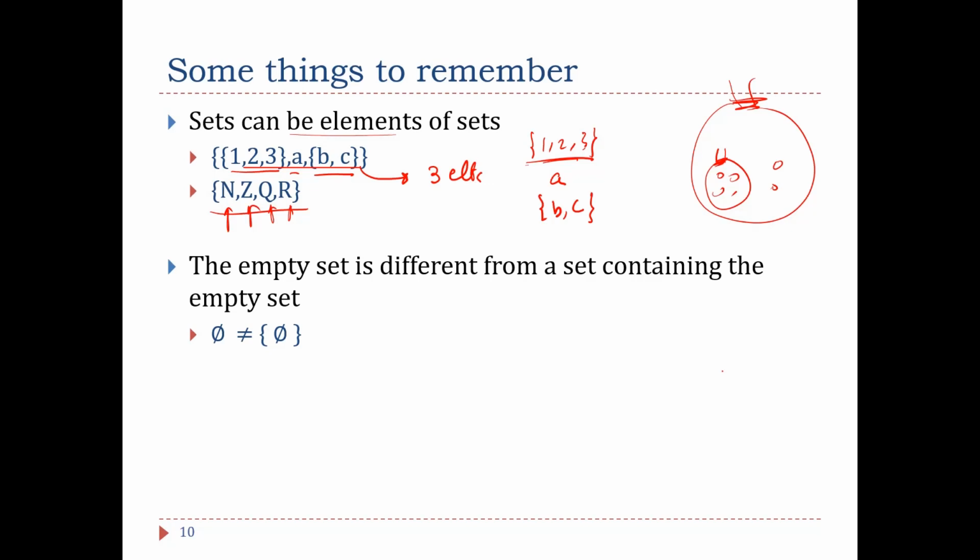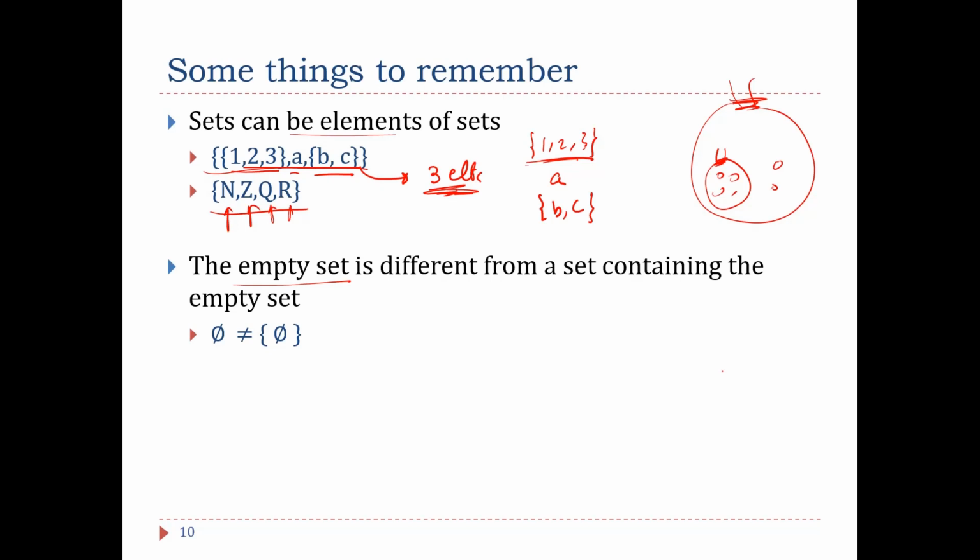Clearly, the empty set is different from the set containing the empty set. Also, in a couple of slides, we will talk about cardinality. I just evoked the concept very quickly in this example, when I talked about the number of elements in this set.